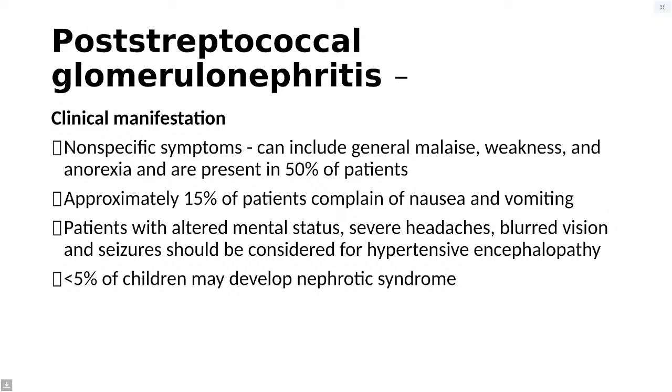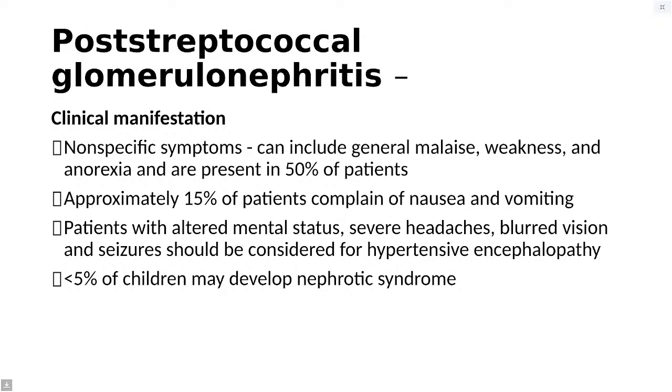Clinical presentation. The first is non-specific symptoms. They can include general malaise, weakness, and anorexia, and non-specific symptoms are present in 50% of the patients. Approximately 15% of children complain of nausea and vomiting.